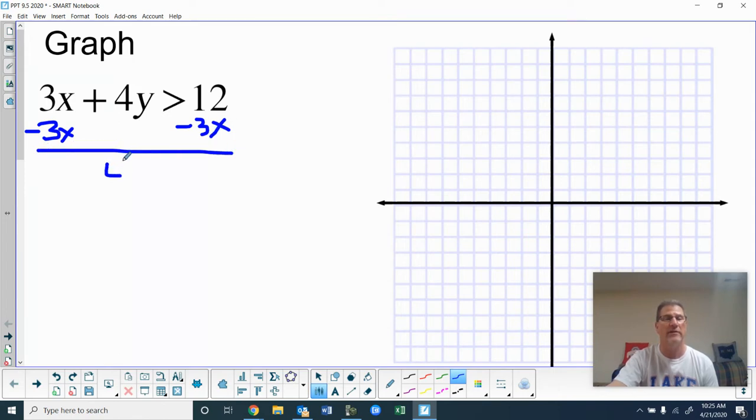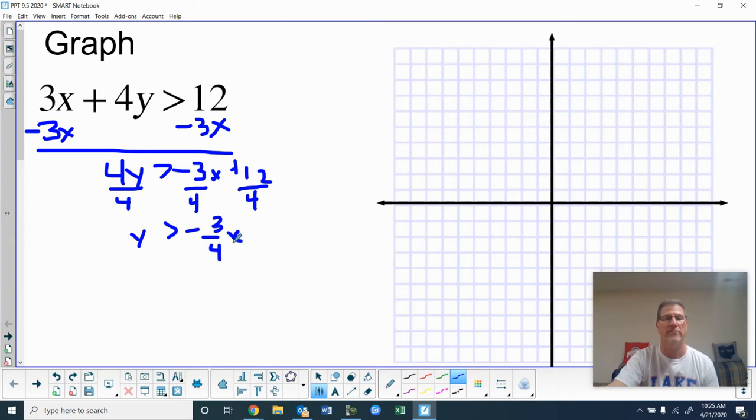So I get 4y is greater than negative 3x plus 12. And then I've got to divide everything by 4, the negative 3x and the 12. So once y is by itself, it's negative 3/4 x plus 3.